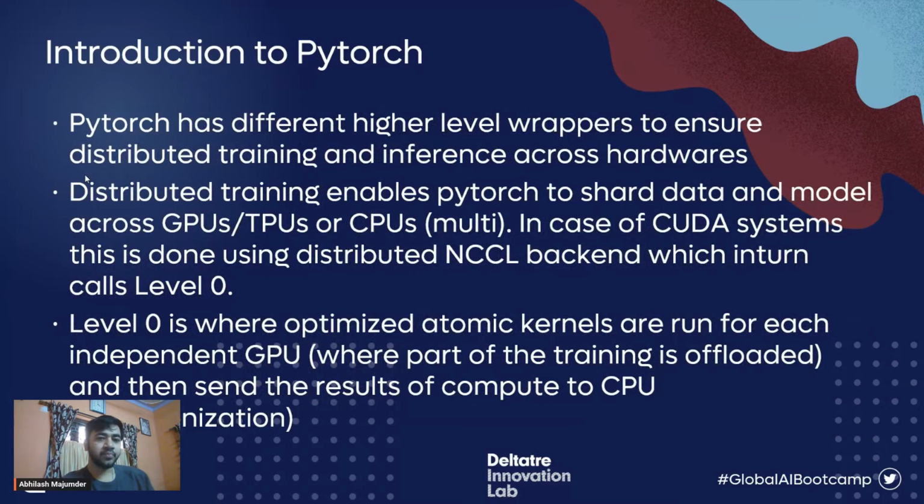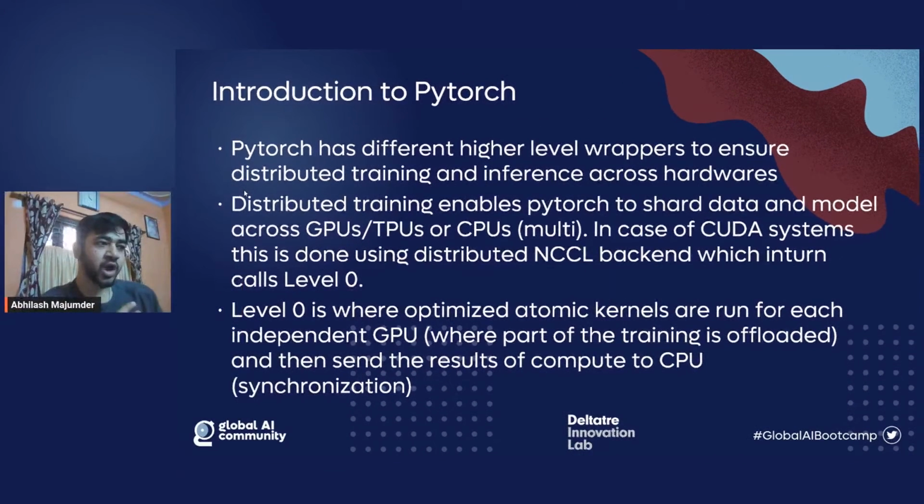Now, we are going to look into a little more depth at what the CPU and GPU architecture is, and how it is important when we are writing custom kernels, writing code for PyTorch, and where exactly the optimizations come in the case of IPEX. As I have said, whatever code we write ultimately goes to level 0.